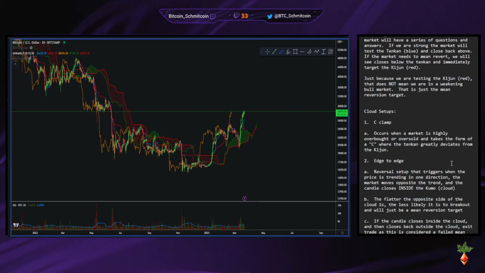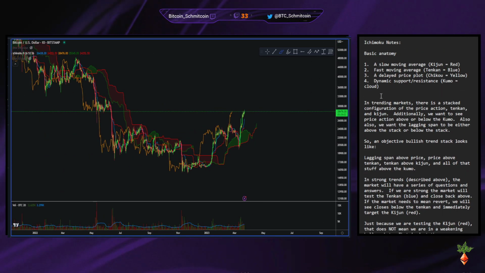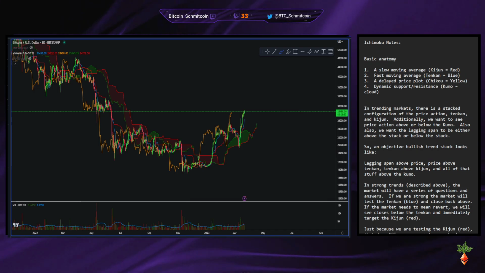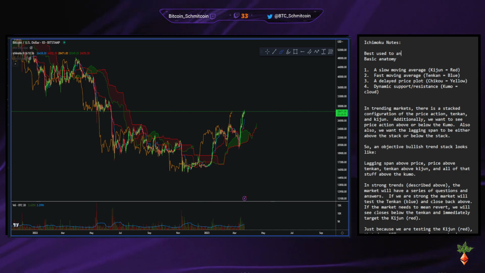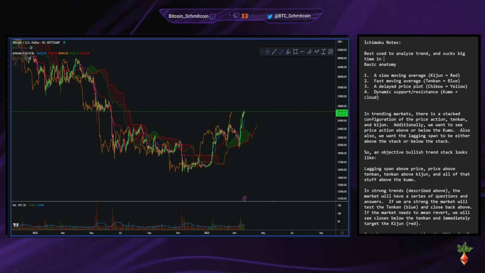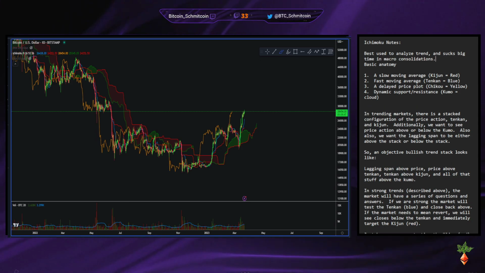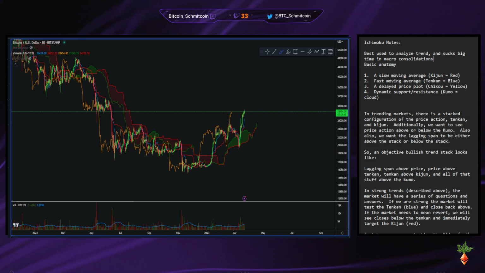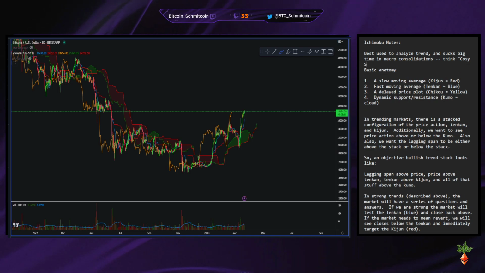I should probably add this too. I should say it's best used to analyze trend and sucks big time in macro consolidations. Think Cosby sweater.